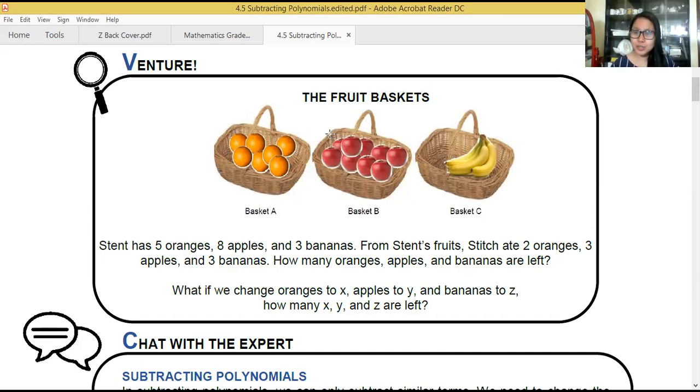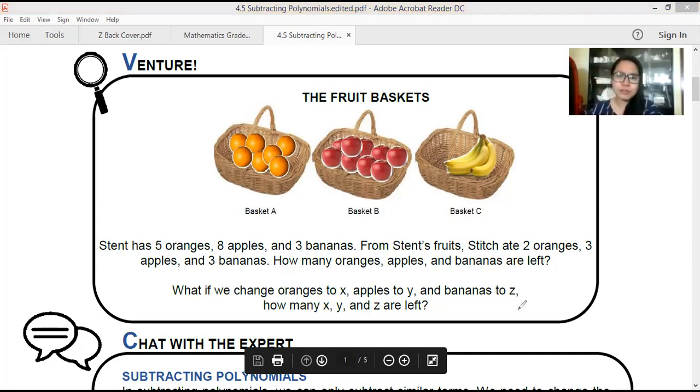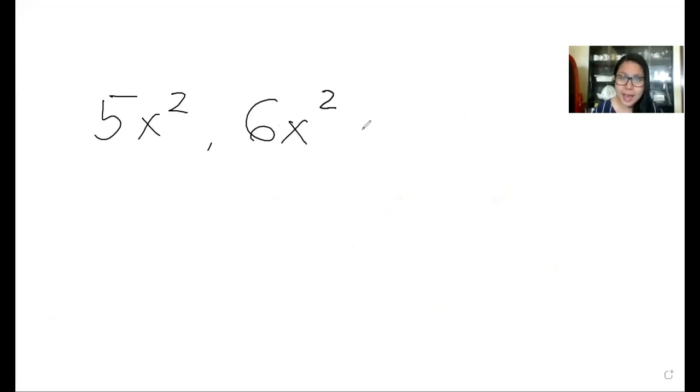Again, similar terms have the same literal coefficient, or we say the same variable, and they also have the same exponent. For example, let me use my whiteboard. If we have 5x squared and 6x squared and 3x, we can only add x squared and x squared.